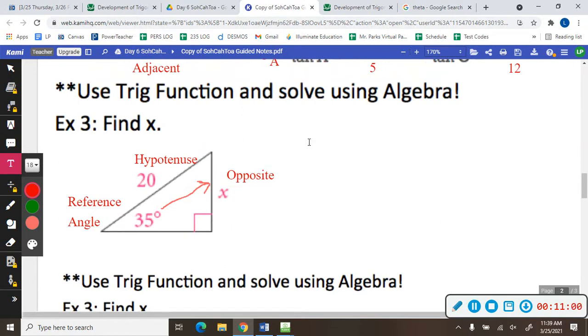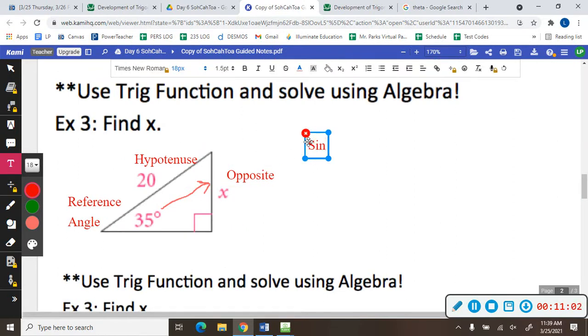So I'm going to say the sine of 35 degrees is equal to O divided by H, which is 20.